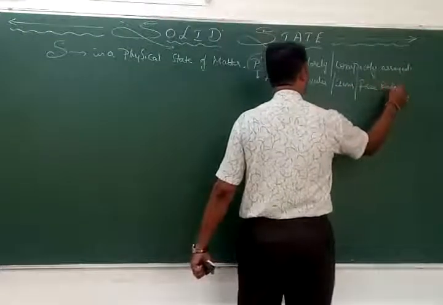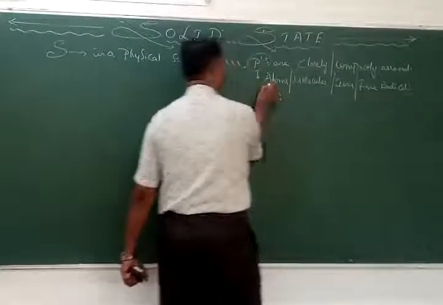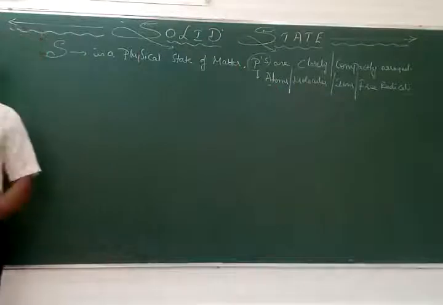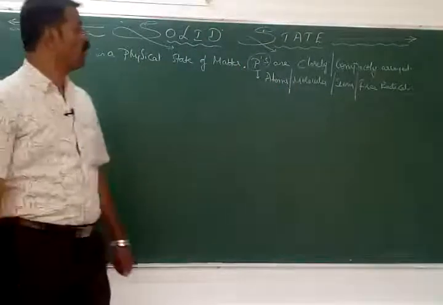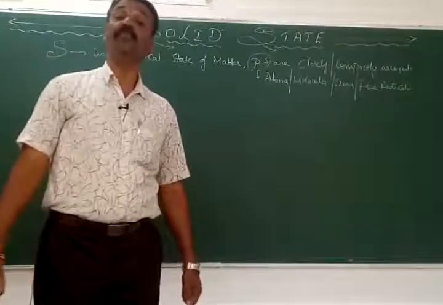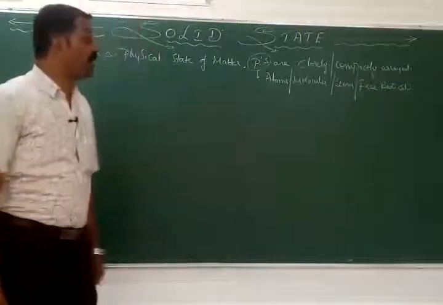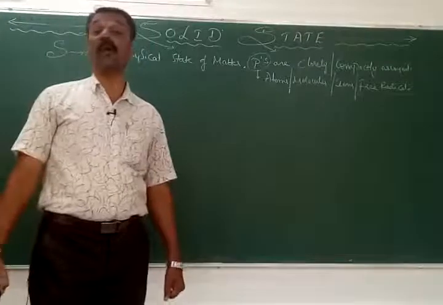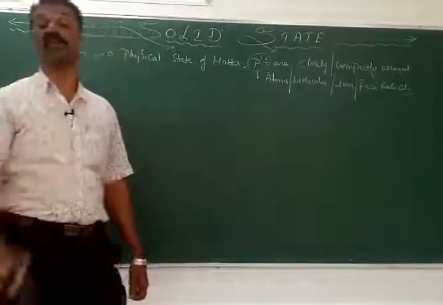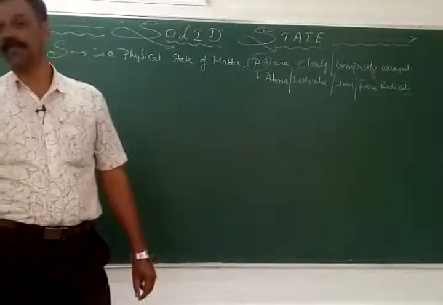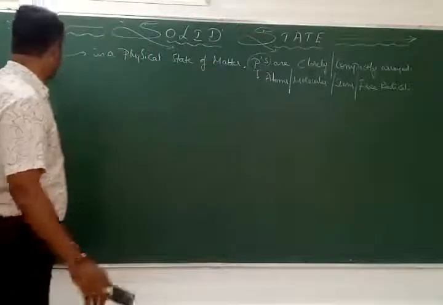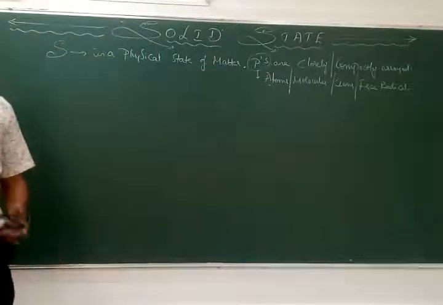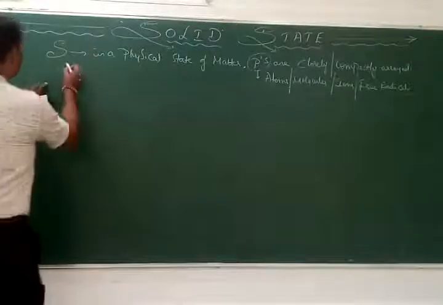In some very rare cases, they may also be in the form of free radicals. Those particles which are closely and compactly arranged with higher rigidity, that physical state of matter is considered to be the solid.